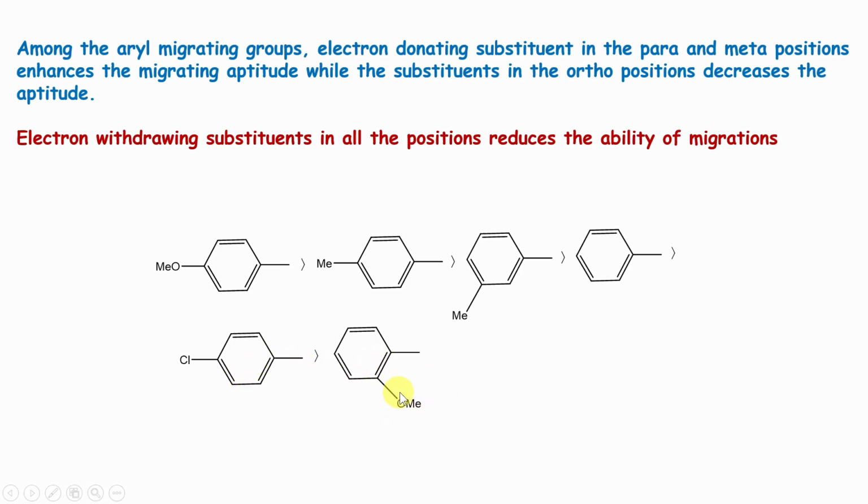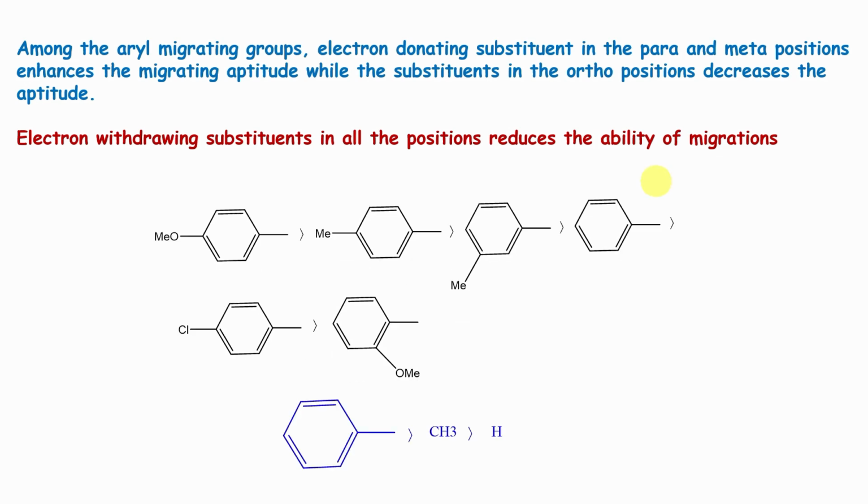Here ortho-methoxy phenyl group has the least migratory aptitude, because this ortho-methoxy group exhibits steric strain or steric hindrance to the migrating group for the attack of the electron deficient carbon atom. Among the phenyl group, methyl group and hydrogen, the migratory aptitude normally decreases from phenyl to hydrogen. Phenyl greater than methyl, greater than hydrogen.